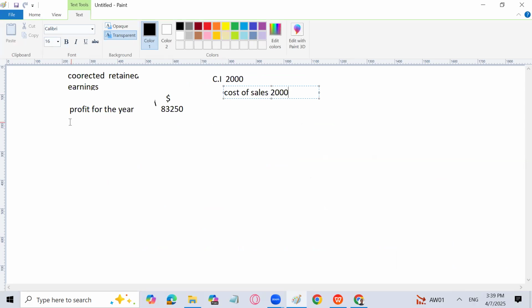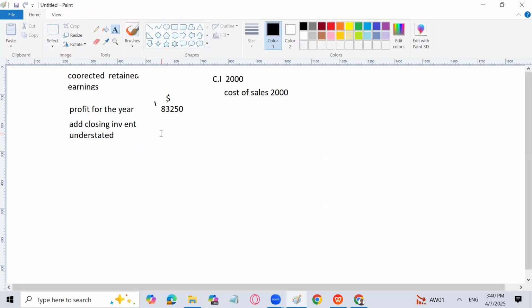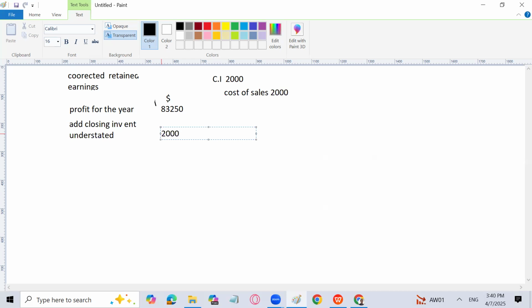As cost of sales is credited, profit will increase. So add closing inventory understated, 2,000.